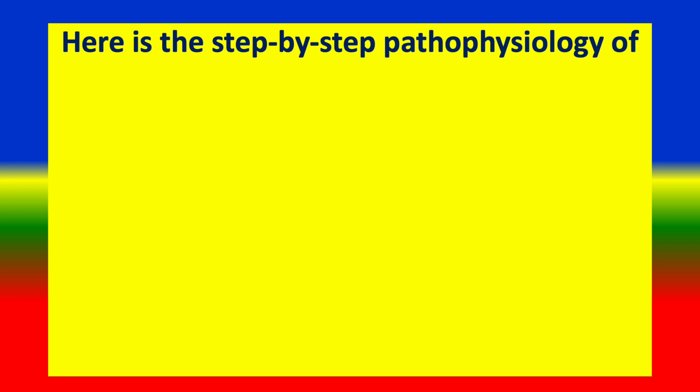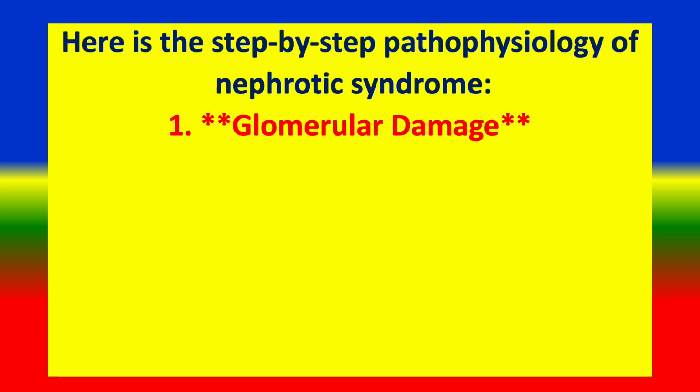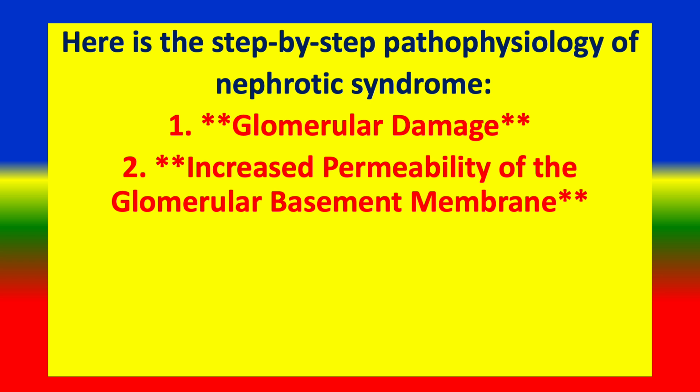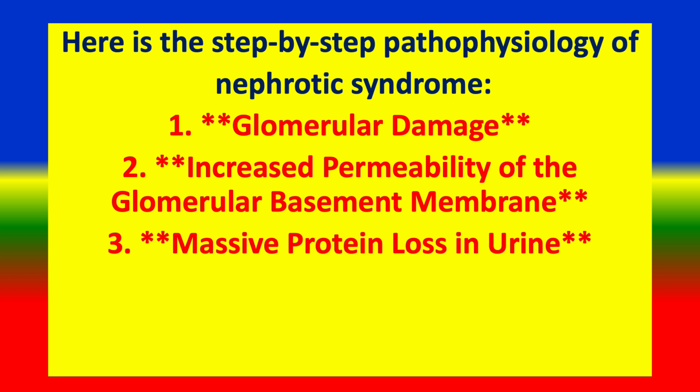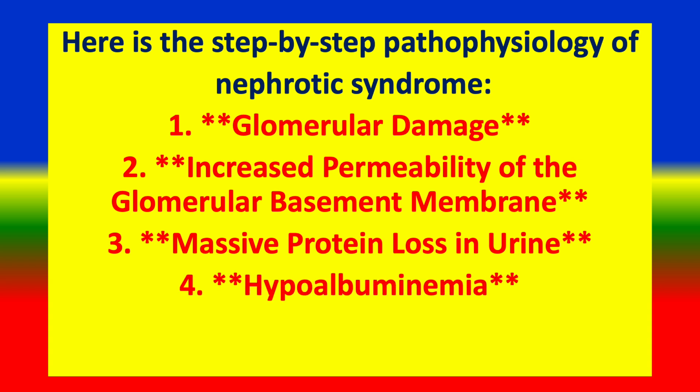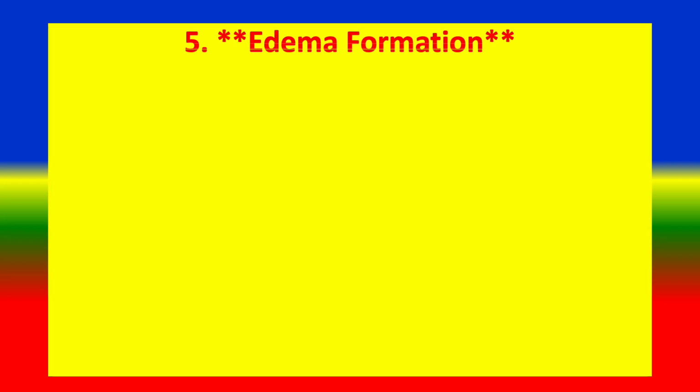Here is the step by step pathophysiology of nephrotic syndrome. 1. Glomerular damage. 2. Increased permeability of the glomerular basement membrane. 3. Massive protein loss in urine. 4. Hypoalbuminemia. 5.